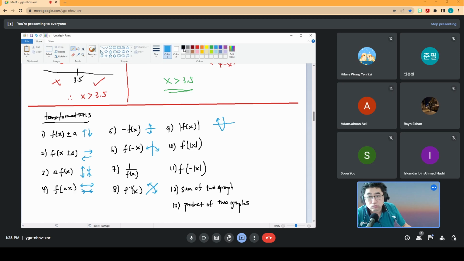Is this the one where you erase half the graph and then copy paste it to the other side? Give me the correct instructions. Erase all the parts in the negative area and copy paste to the positive? Doesn't sound right.